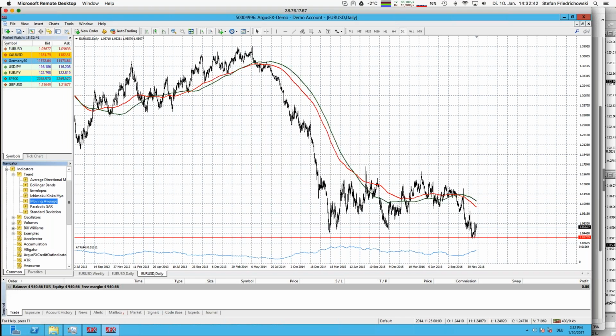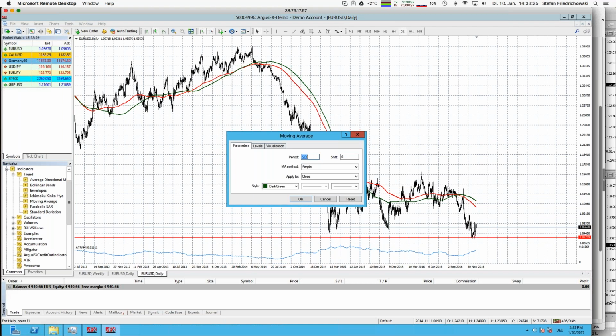Now you see, of course, there is a difference between the two indicators, but the overall behavior is quite similar, especially within the middle part of my chart. You can really realize the calculation difference, and the difference is simply seen in that the red line follows the price a little bit faster than the green line. So the EMA follows the price a little bit faster than the SMA.